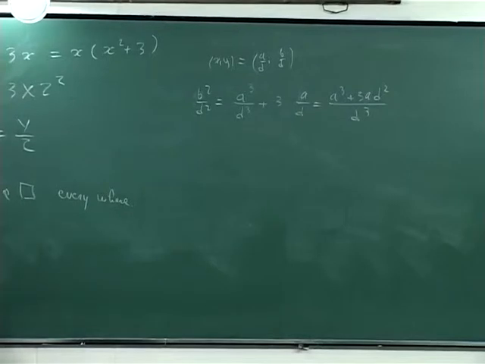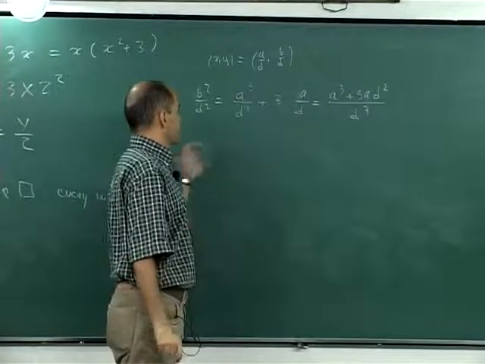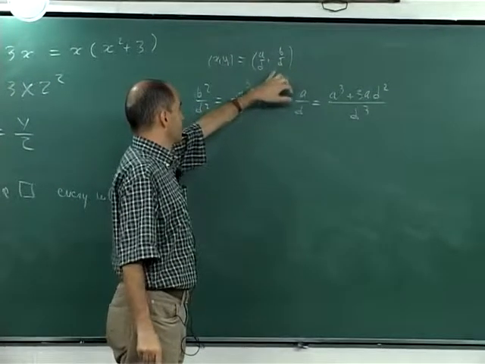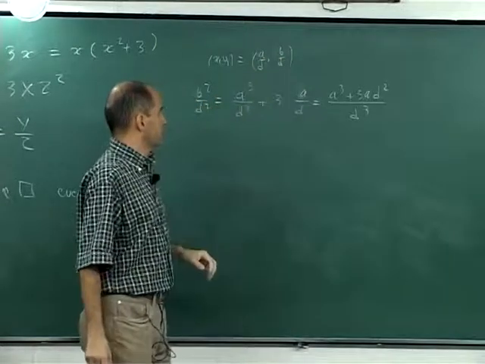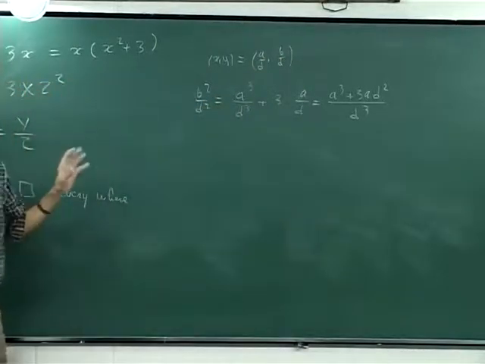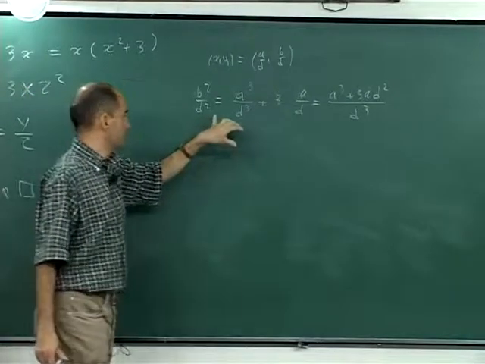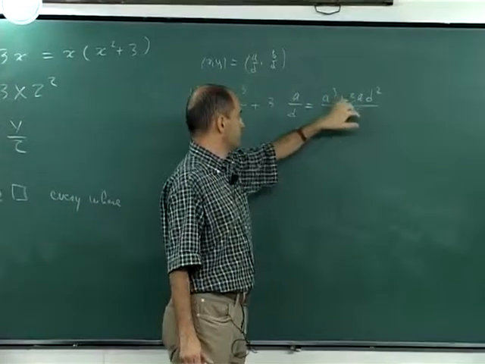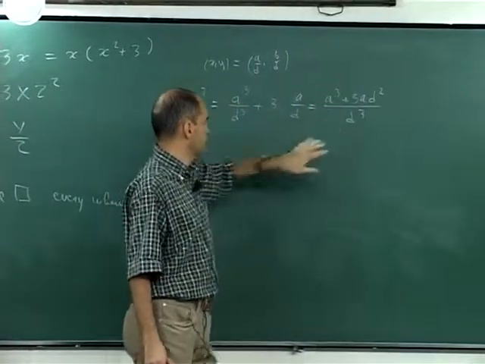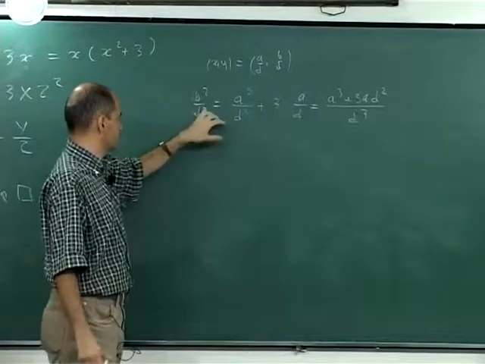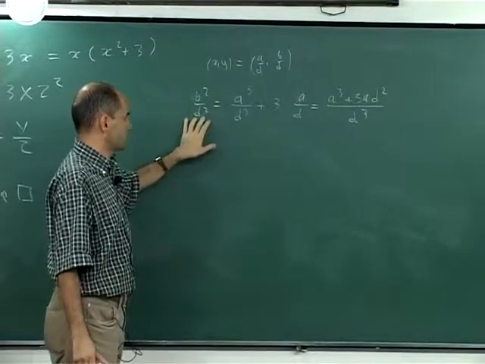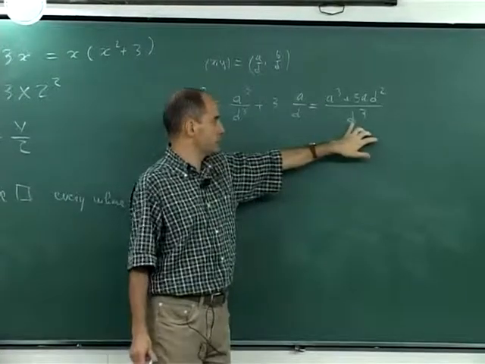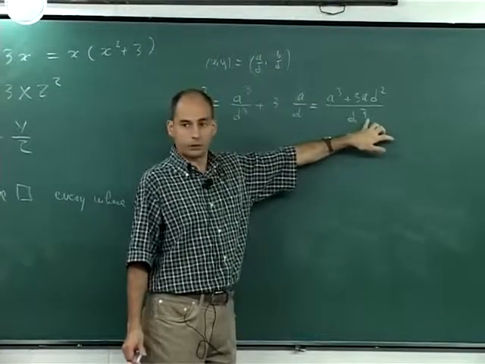So now, for instance, if a and d are coprime, which is not always the case, then this fraction is reduced. Here the denominator is a square, which means that d cubed must also be a square.